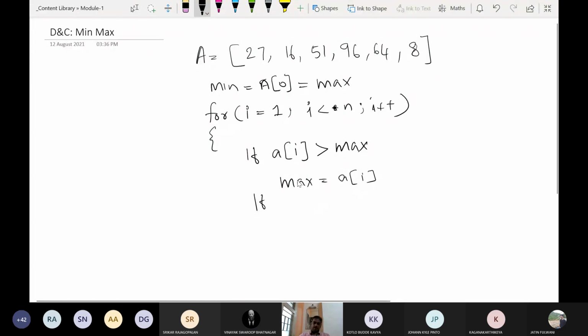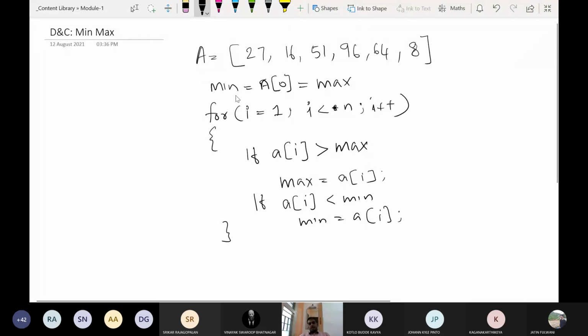Since we are finding maximum and minimum in one shot, you can do that using the same for loop. If a sub i is less than minimum, then minimum equal to a sub i. It's pseudocode, so while writing the actual program we will worry about the exact syntax.